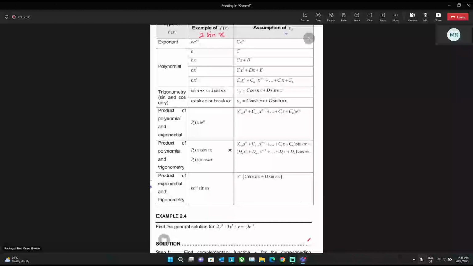So yp, C cos nx plus D sin nx. Which one? 1, 2, 3, 4, 5, 6. Which one? The third one. Yeah.